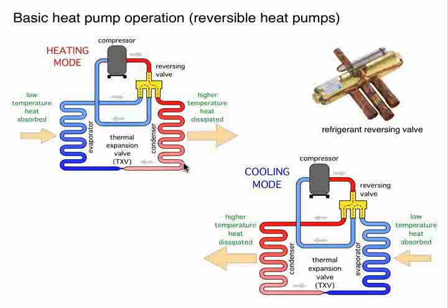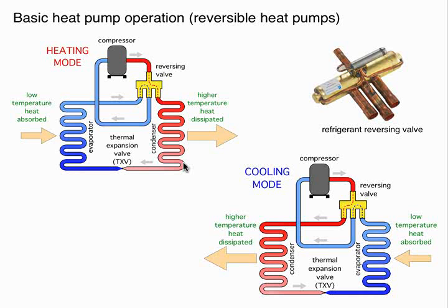I won't spend too much time on this. I think most people attending today have the basics of how a vapor compression refrigeration system works. Both heat pump types we're going to look at are reversible heat pumps. They have a reversing valve that essentially swaps the function of the two heat exchangers.